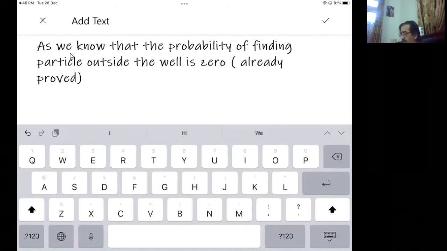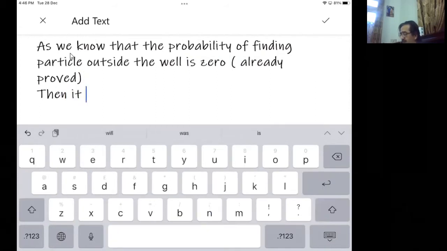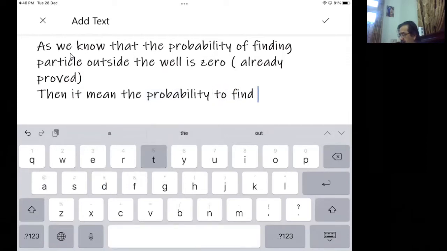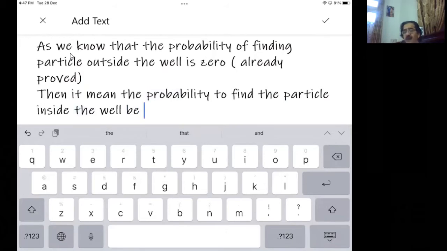Then it means the probability to find the particle inside the well will be 100%, because the particle will be 100% inside the well.